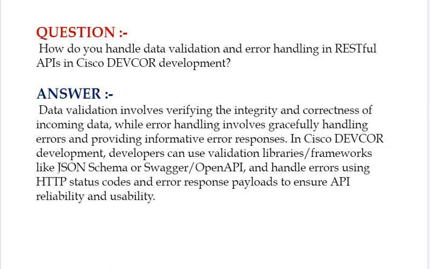In Cisco DevCore development, developers can use validation libraries or frameworks like JSON Schema or Swagger and OpenAPI and handle errors using HTTP status codes and error response payloads to ensure API reliability and usability.